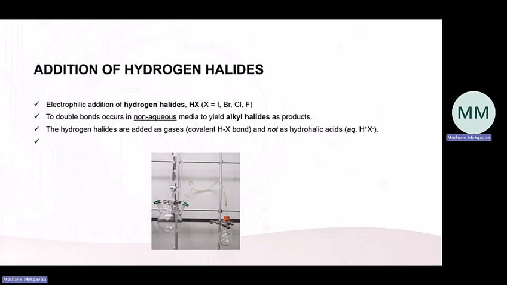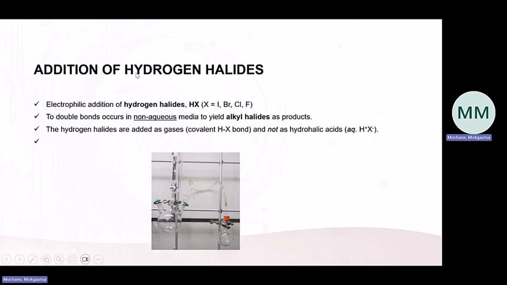Now, the second type of reaction that we normally get from the alkenes involves the hydrogen halides. Hydrogen halides, remember, is hydrogen combined with halogens. So normally we symbolize it as HX. That particular X stands for all the halogens: iodine, bromine, chlorine, and fluorine.